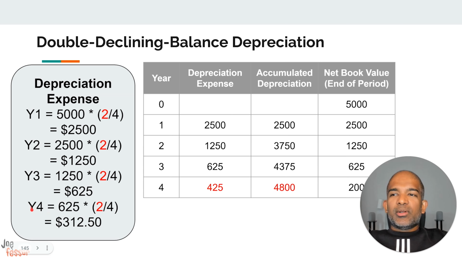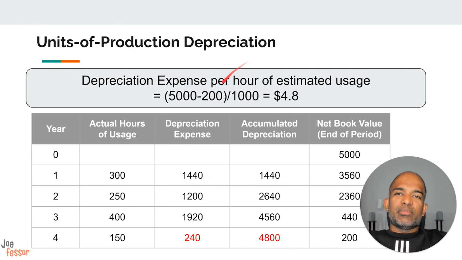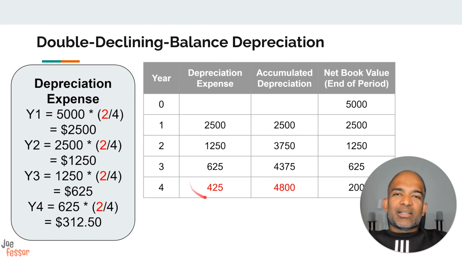Finally, for year 4, to calculate the depreciation expense, 625 multiplied by 2 divided by 4. So that's $312.5. If we use $312.5 as our depreciation expense, we wouldn't end up with a residual value of $200 at the end of year 4. So, like in the previous case with the units of production method, we'll again make an adjustment.